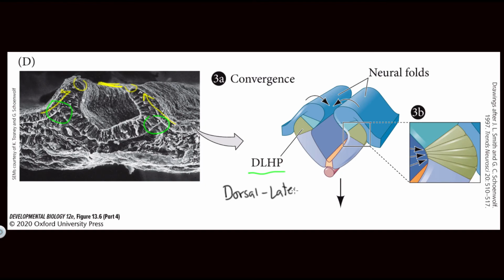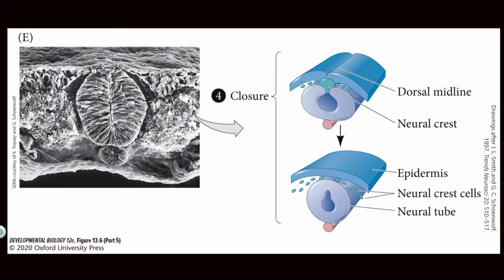It makes sense, because dorsal means it's on the back of the organism, which is where this is happening, or the future dorsal side. Lateral means it's on the side. Hinge point. It's nice when something is called something that makes sense, as opposed to the crazy names for genes.